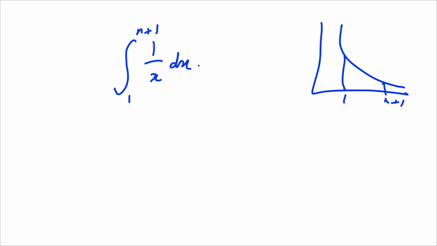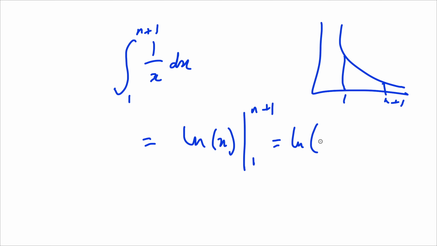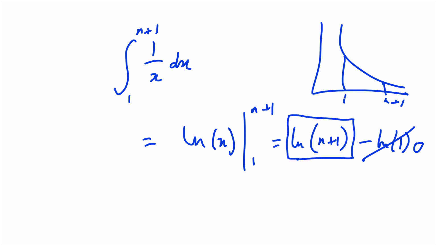And we know that when we integrate 1 over x, it becomes a log, so it's log of x from 1 to n plus 1, and that's ln(n plus 1) minus ln of 1, the logarithm of 1, which is 0. So that's the answer. That's the area under the curve. Very simple, just school mathematics there.